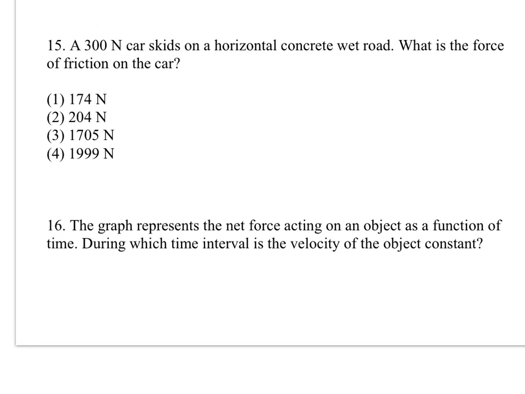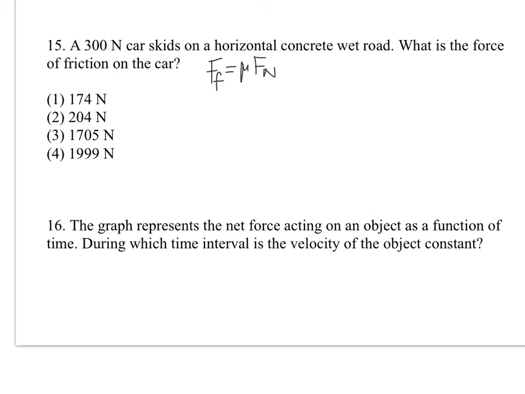A 300 newton car skids on a horizontal concrete wet road. What is the force of friction on the car? Okay, so this question asks for the force of friction on the car. So that means we have to use this equation: mu times F_N.